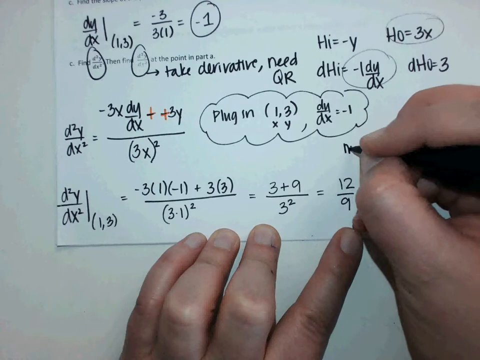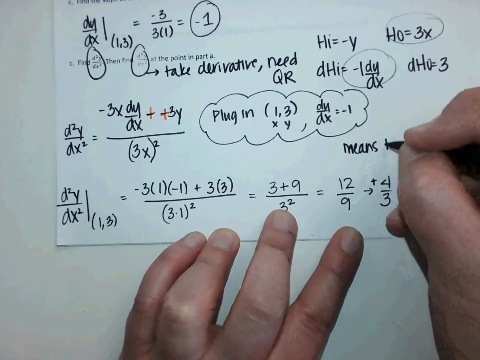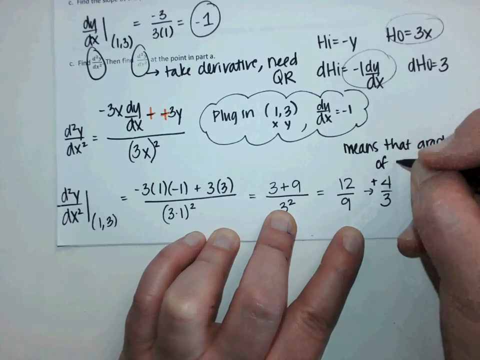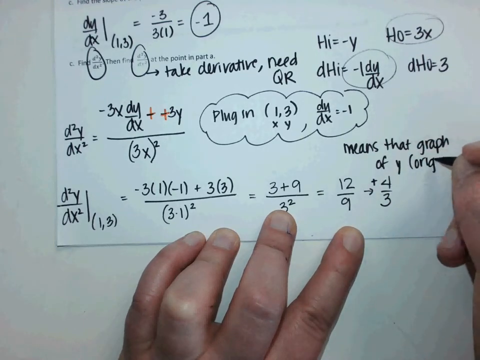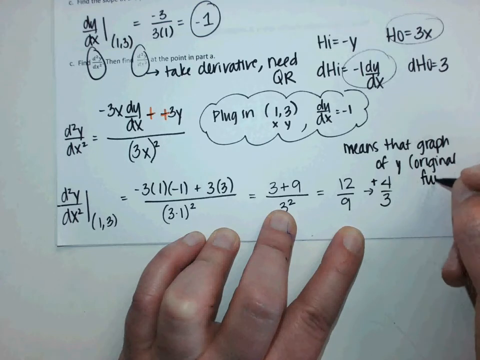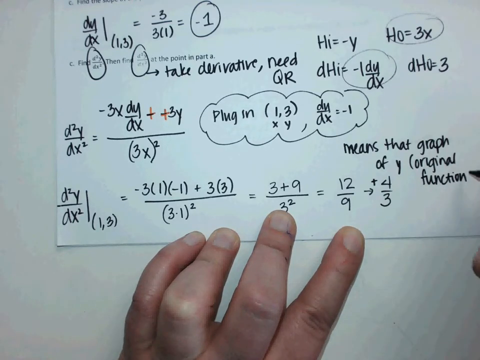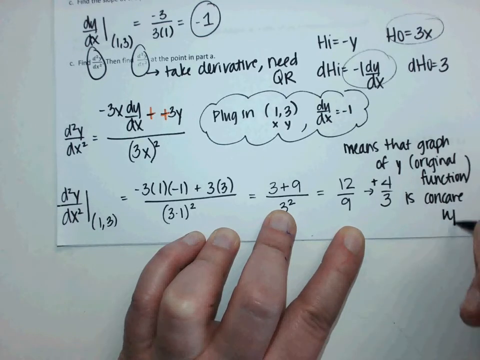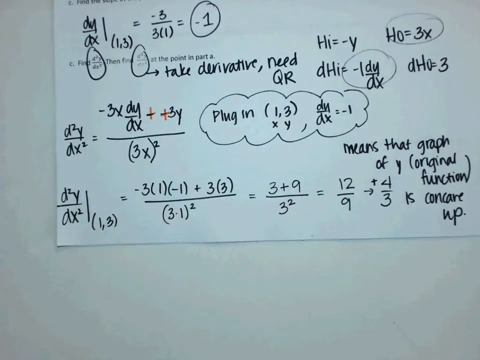Okay, this means that the graph of y, the original function, is concave up. Okay? So you should be able to put this back into the context of first and second derivative test. When I take the second derivative, that tells me concavity. So if it comes out positive, my graph is concave up.